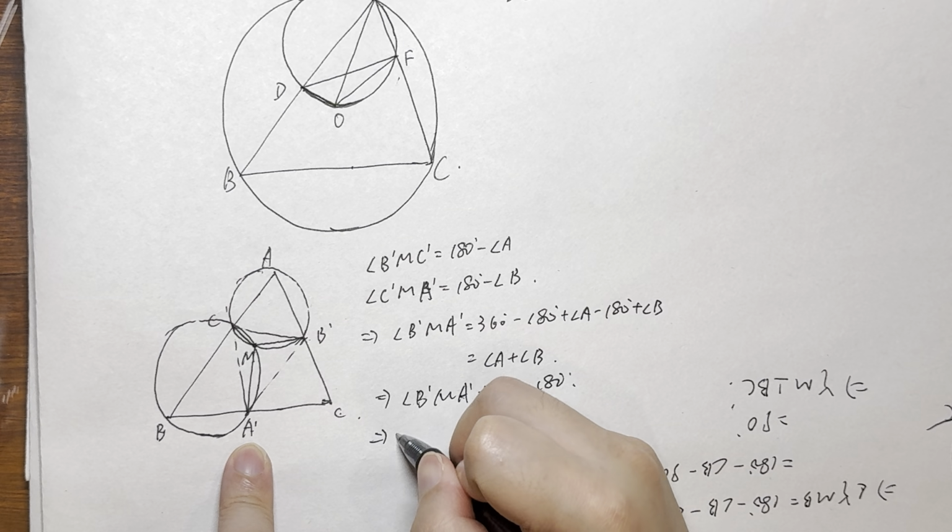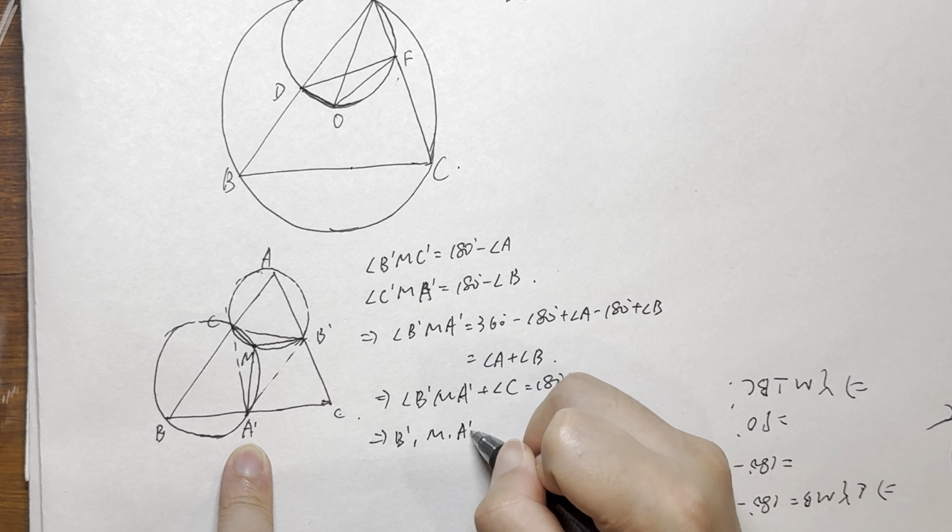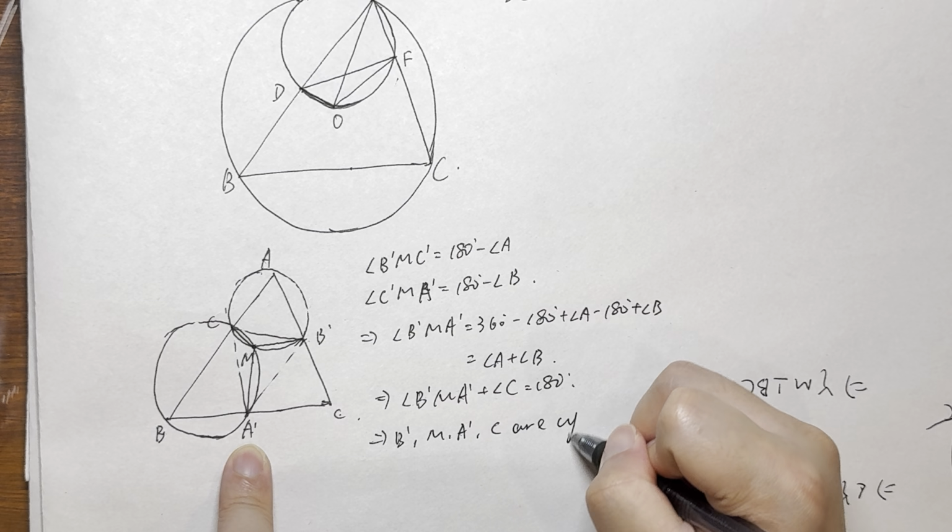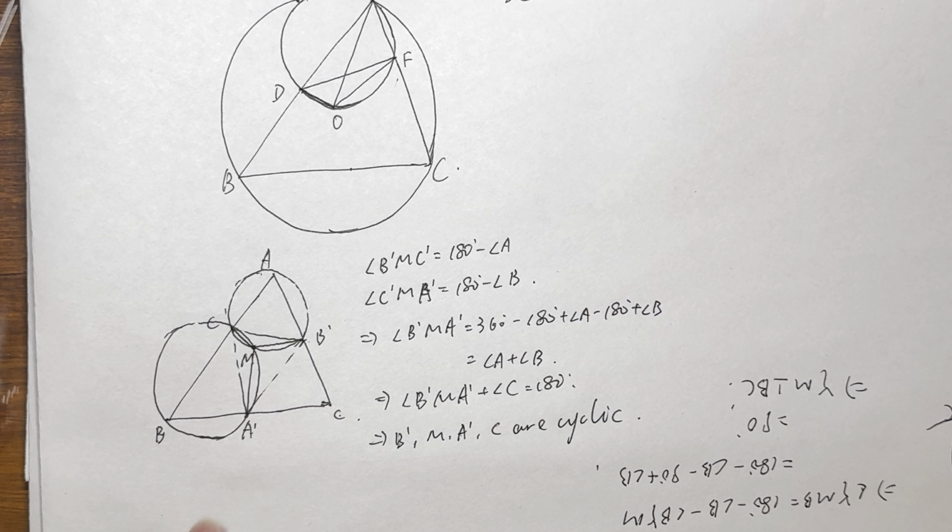So B prime, M, A prime, C are cyclic. Right?